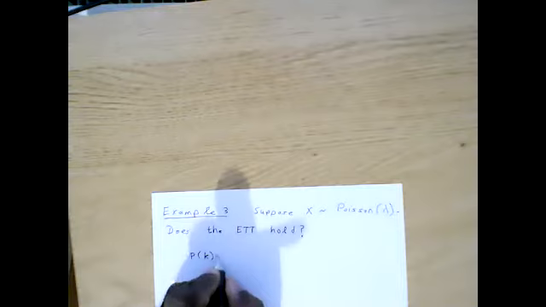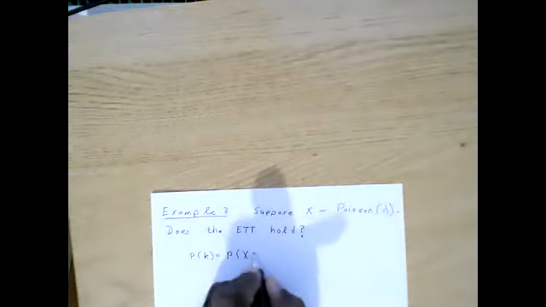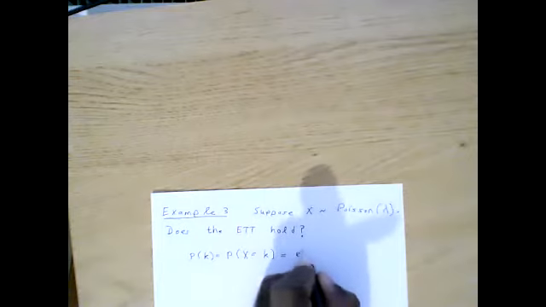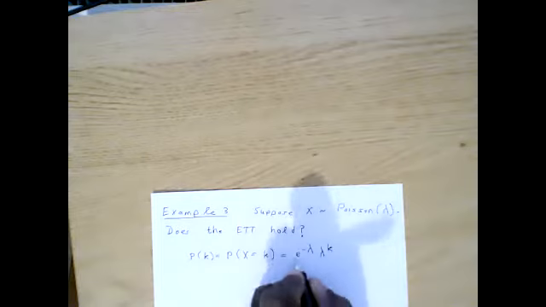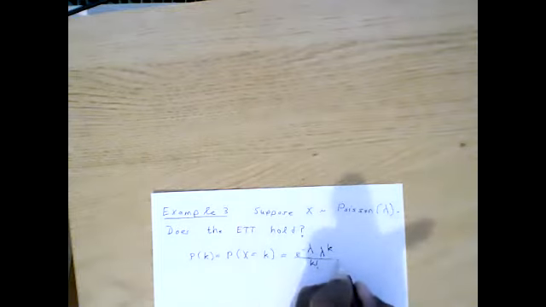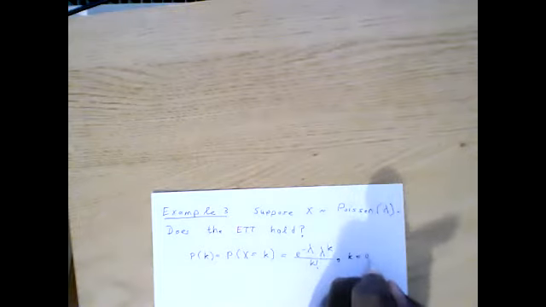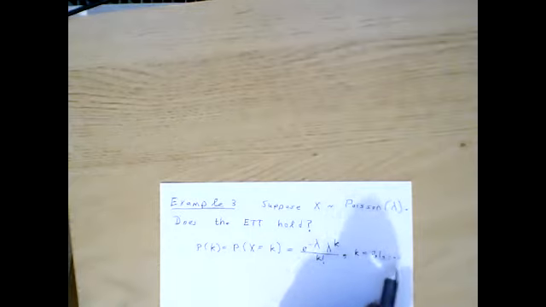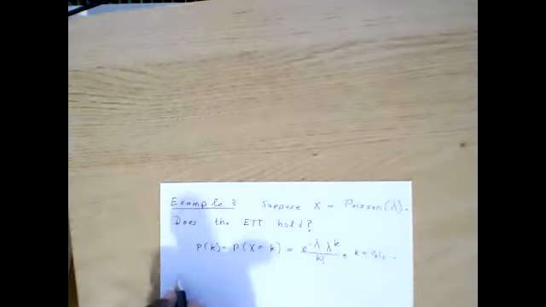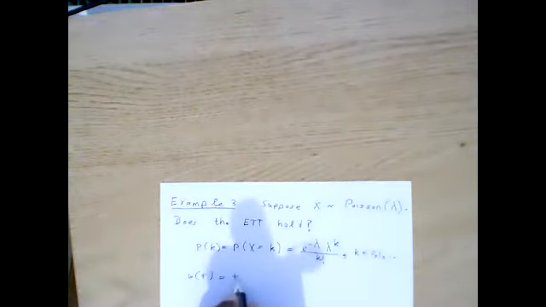The probability mass function is the probability that x equals k is equal to e to the minus lambda, lambda to the k, divided by k factorial, where k goes from 0, 1, etc. The Poisson distribution is defined on all the non-negative integers, so your W of f, the largest point of the domain, is plus infinity, since the domain is 0, 1, 2, 3, up to infinity.